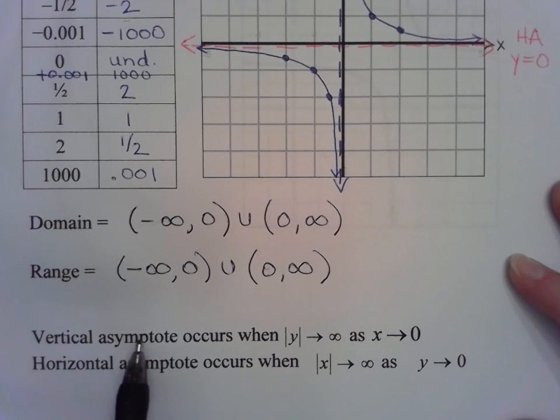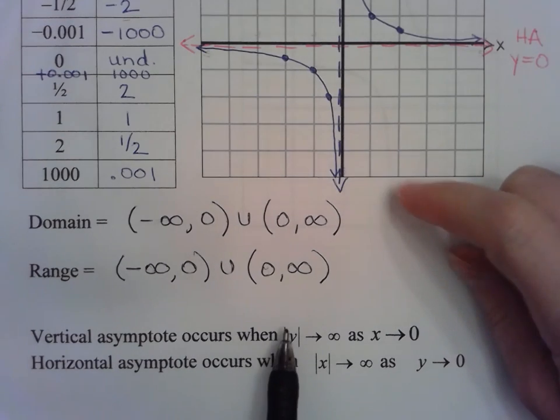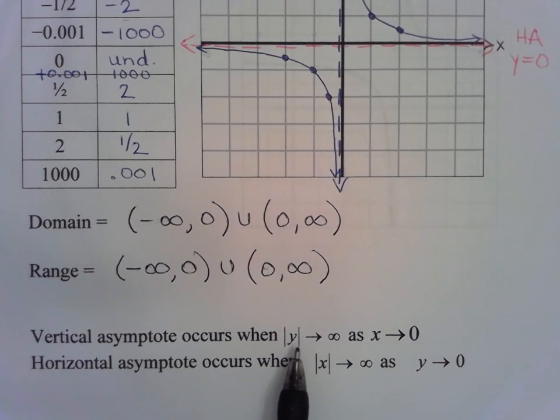So a vertical asymptote, this blue dotted line that we drew, occurs when the y value, I put the absolute value bars on here, so the absolute value of y goes to infinity. That means right at the top of the graph it's going to positive infinity, the bottom of the graph it's going to negative infinity. But both of these are happening as x goes to 0, either from the right or from the left. And so that's why we draw in that dotted line.